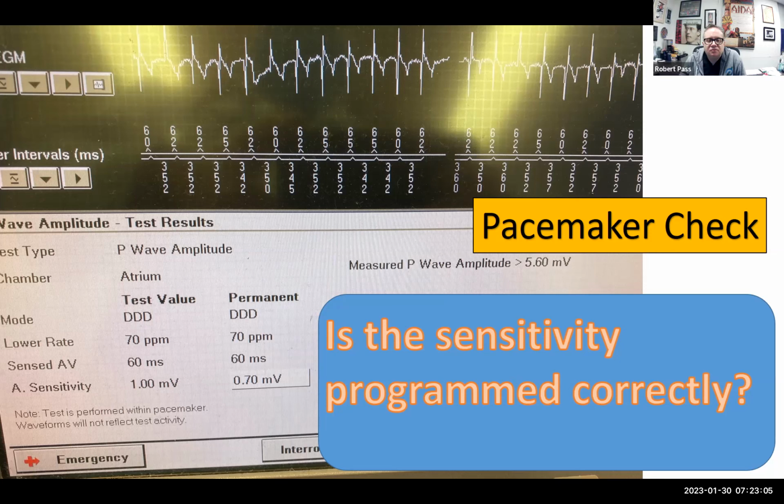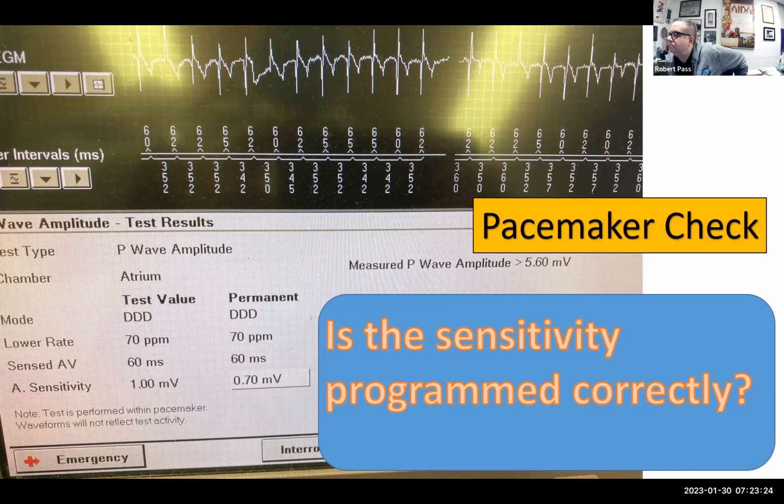Why do you think that? Well, my logic is that you obviously want to sense every P wave, in order not to deliver pace when it's not needed.